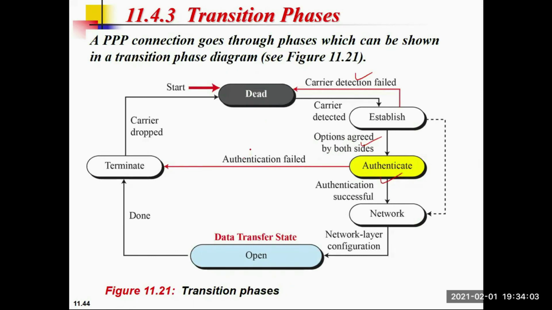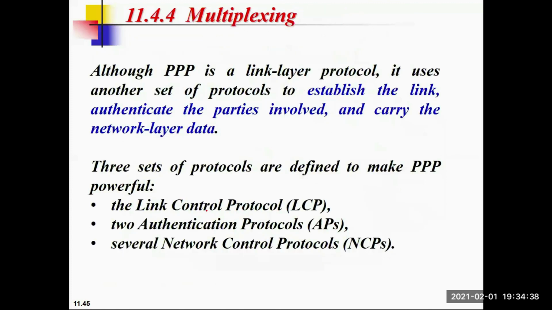If authentication fails, the carrier will be dropped and the whole process will repeat. If authentication is successful, then it will go to the network layer configuration and data transfer state. Then after completion of data transfer and after termination, the whole process will start again. And these are the transition phases in PPP.